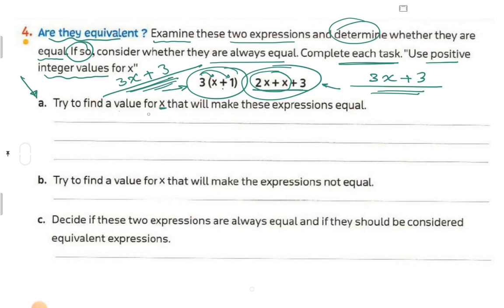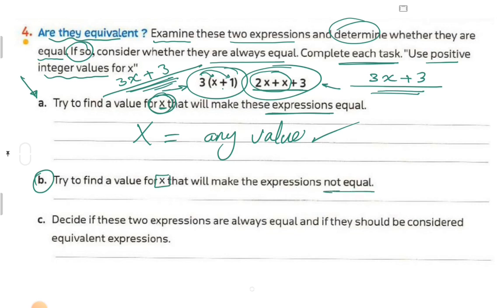Point A asks us about the value of x that will make this expression equal. Any value will make them equal. Now B, try to find a value of x that will make the expressions not equal.